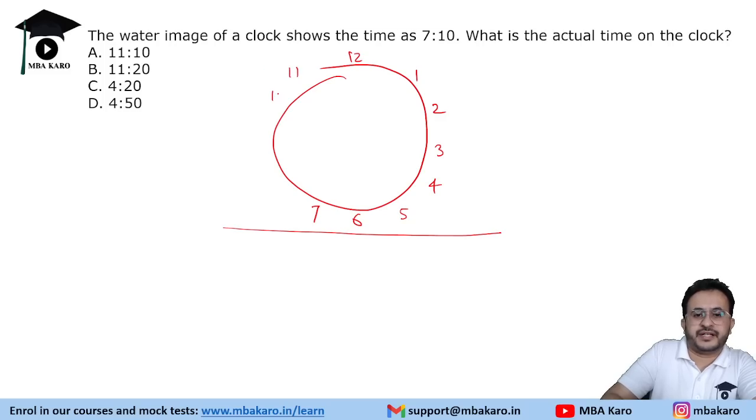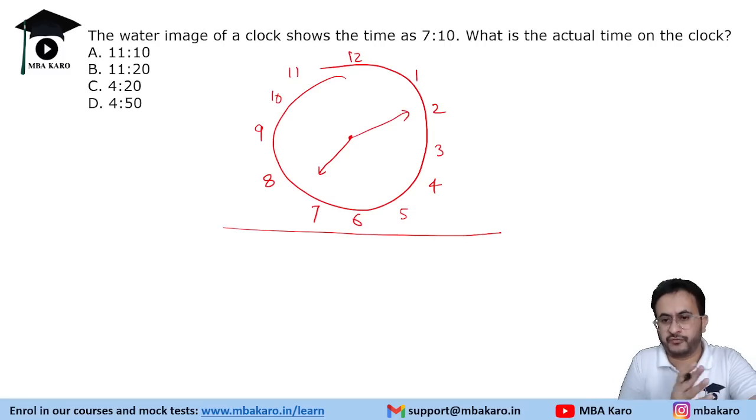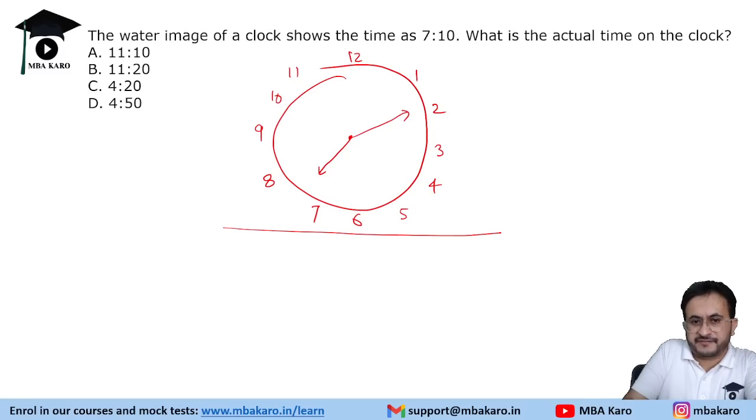This is 11, 10, 9, 8, right? So 7:10 means slightly ahead of 7 and 10 means at 2. Now when we do the water reflection, it will reflect along this line.